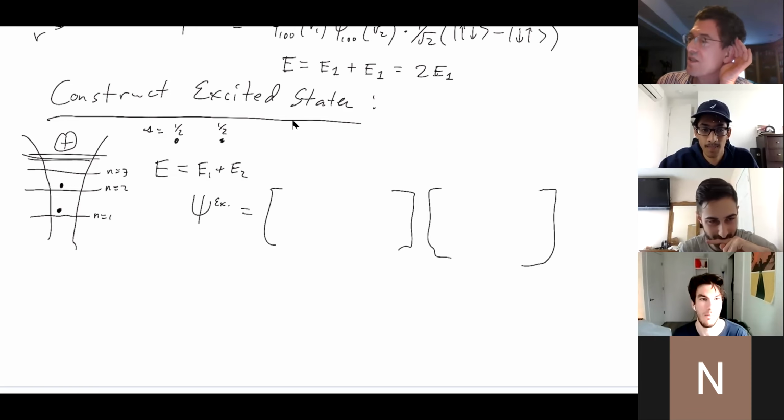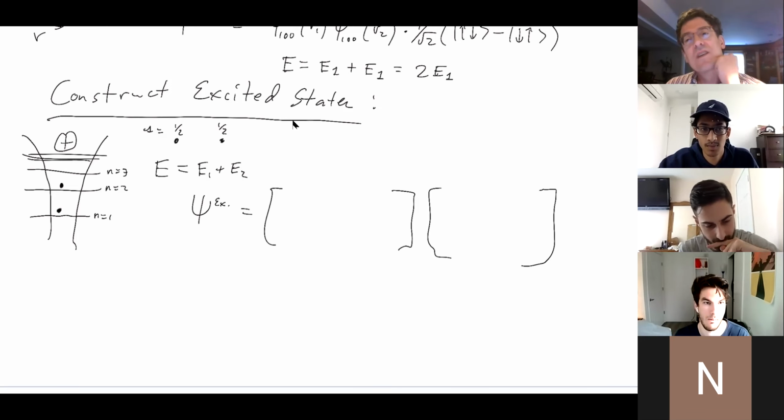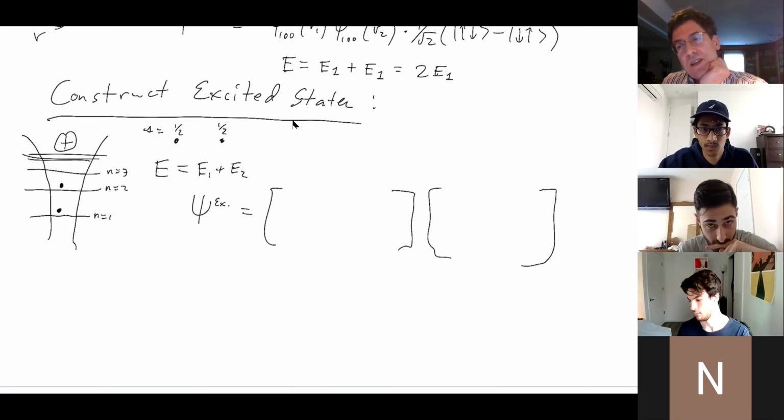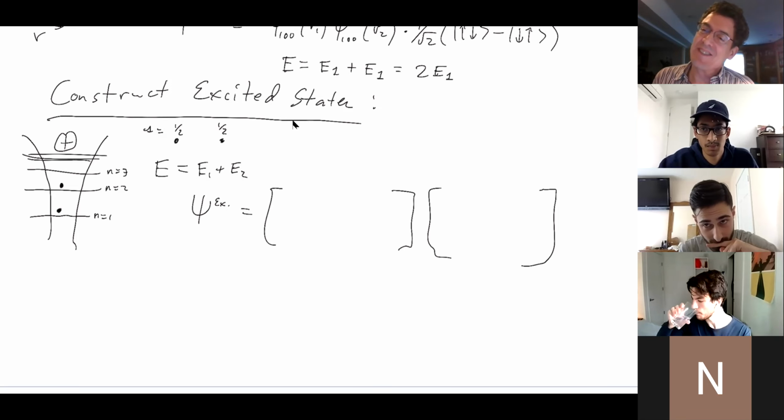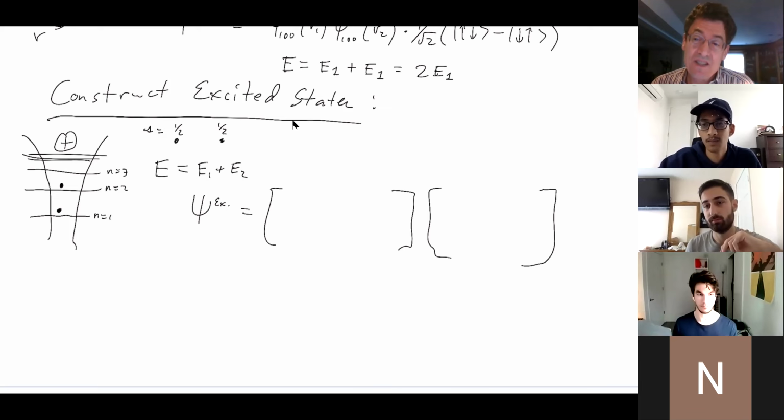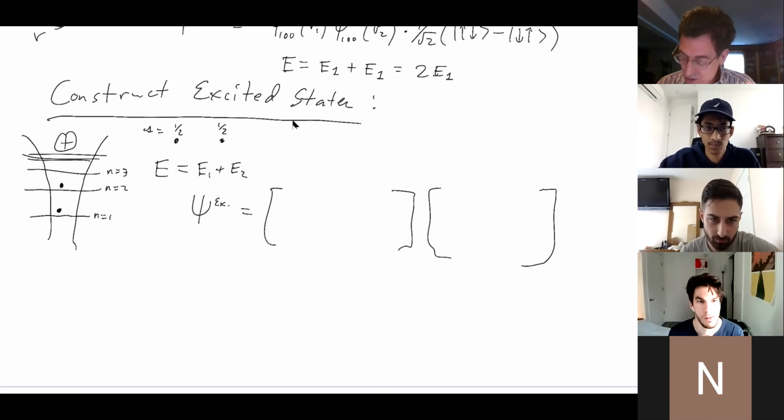Which superposition, because there are two possible superpositions. We would maybe want the symmetric one, since... Well, actually, let me be more tricky. What is the lowest energy excited state where the electrons occupy these two states? This is a tricky question, which takes knowledge from our last lecture. The symmetric one? For the spatial part, I'm asking the lowest energy. What is the spatial wave function for the lowest energy state?